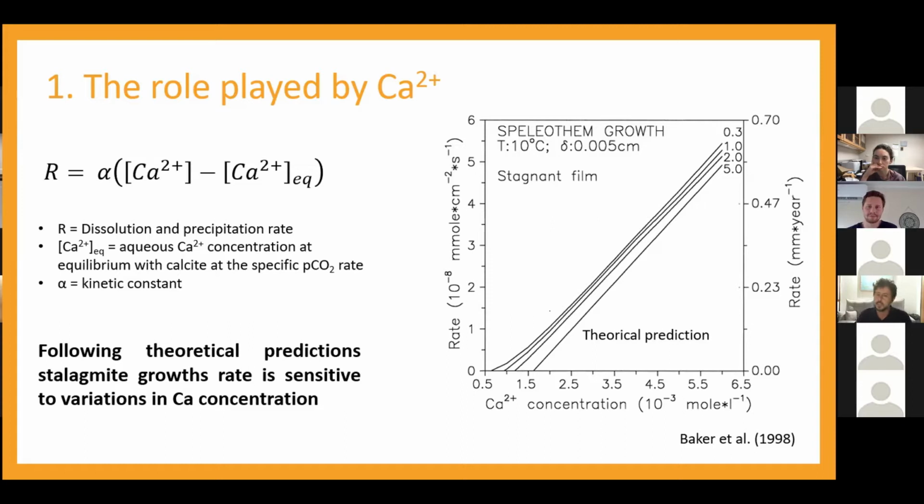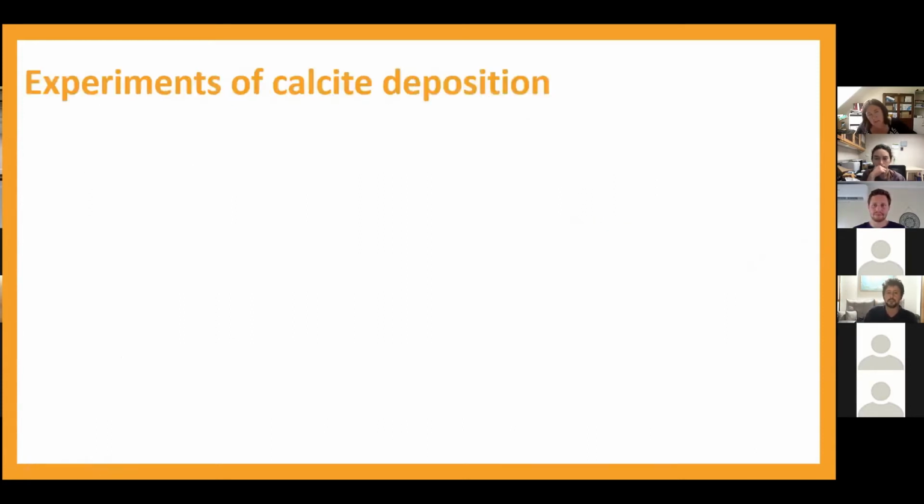We have this theoretical prediction where the deposition rate varies as a function of the calcium concentration for different temperatures. We also see variations in temperature, no, sorry, this is for only a single temperature. This is with respect to differences in water supply, or water thickness.